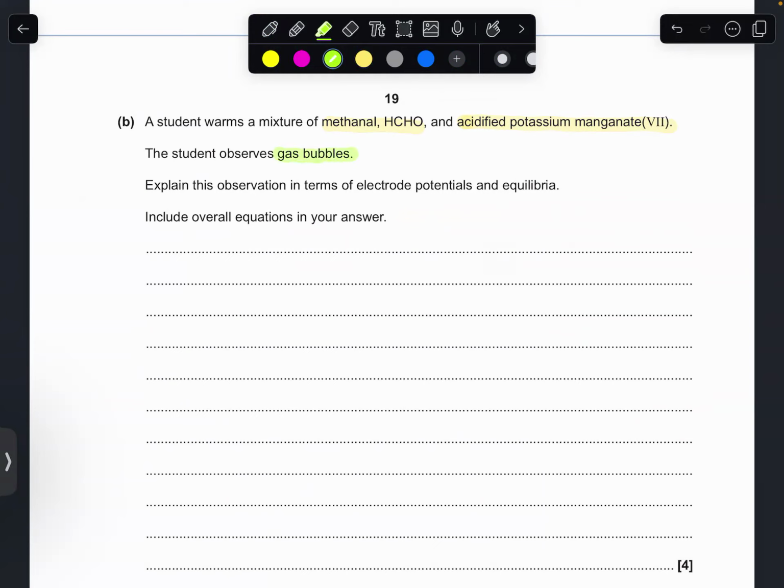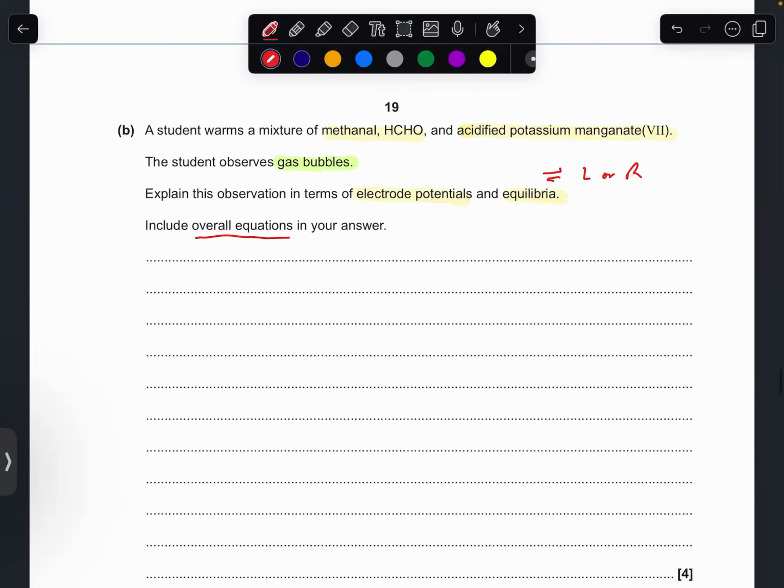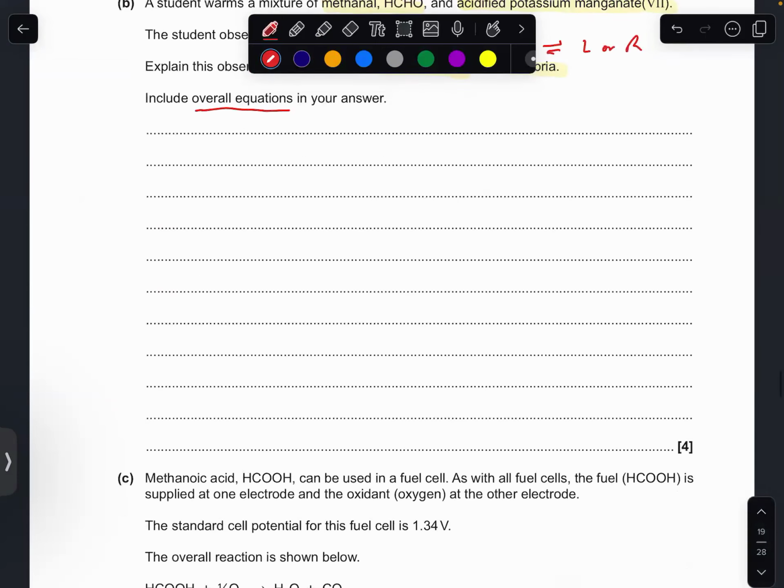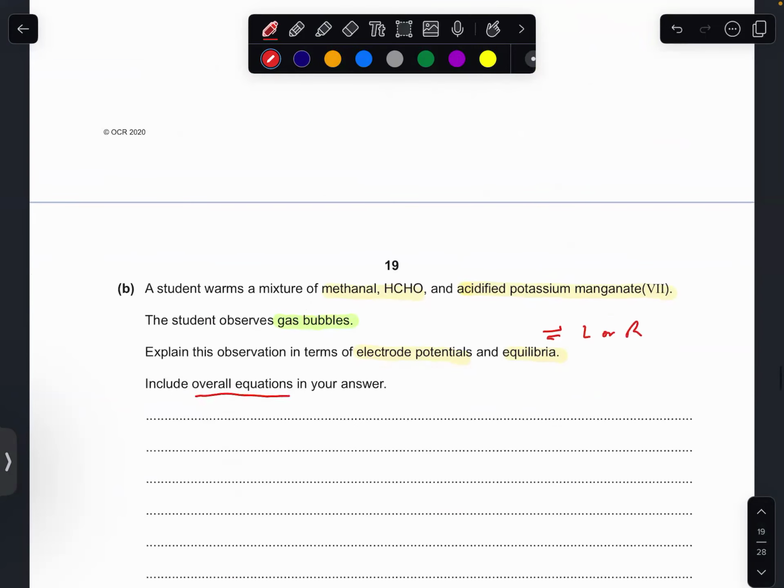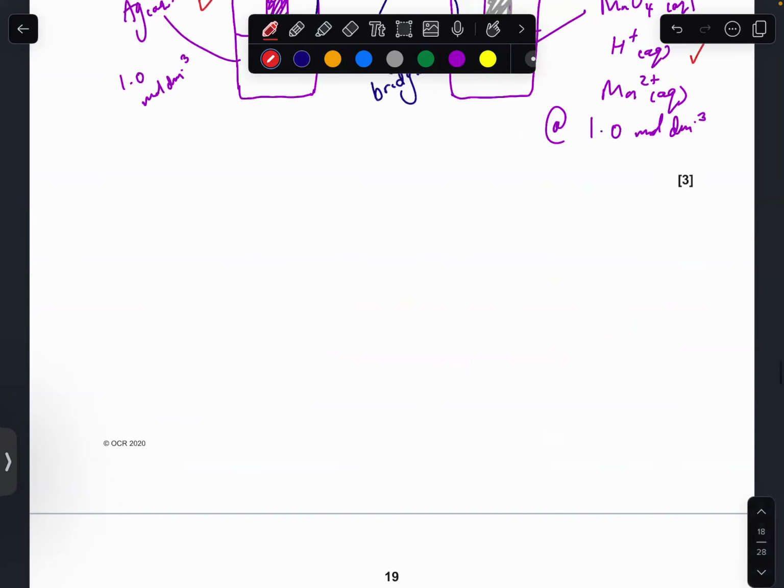So we want to explain it in terms of electrode potential and equilibria. Whenever we're dealing with equilibria, it's a case of the equilibrium shifting left or right. Include overall equations, it's probably more than one. 4 marks.